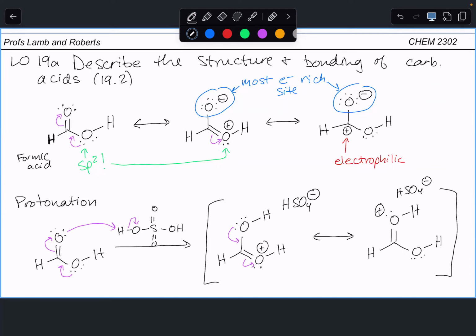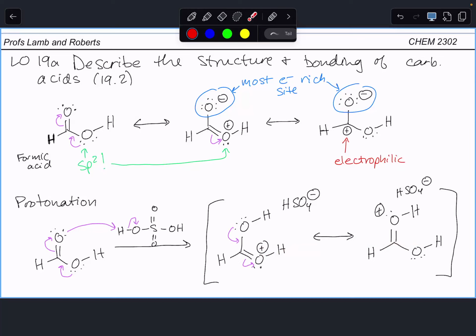Okay, so once we protonate a carboxylic acid, those two oxygens are now completely indistinguishable, right? They look the same because these two resonance structures are functionally identical.